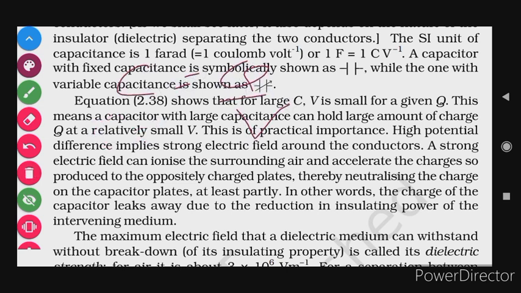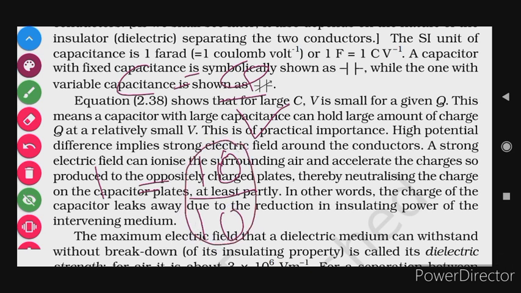Suppose I have two capacitors. For the first capacitor the capacitance is 1, and for the second it is 2. Suppose I have 10 charge. How can I obtain 1 for the first capacitor? I have to give 10 volt, because this ratio has to be constant: 10 upon 10 should be 1.